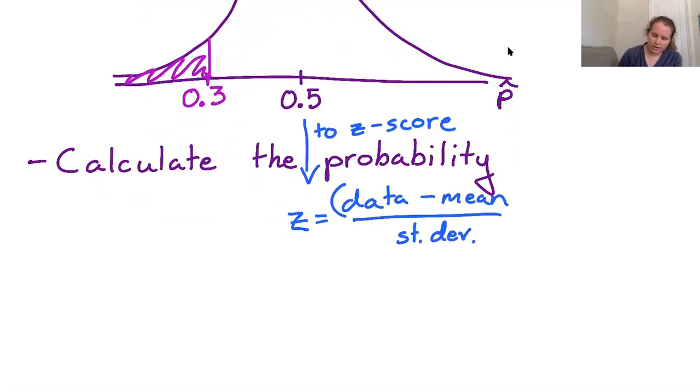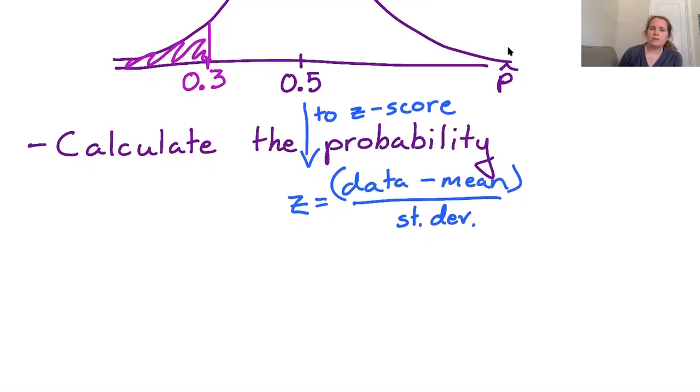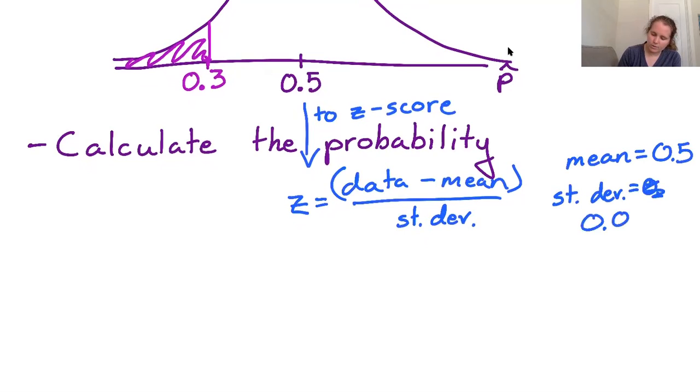It doesn't matter what distribution we're working with, it's always data value minus mean divided by the standard deviation. The thing we need to translate here is that 0.3. Our mean is 0.5, our standard deviation is 0.0707, and the data value we are trying to convert is 0.3.